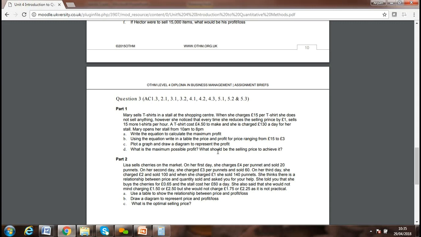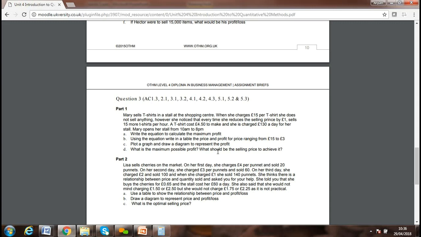Okay, so 130 a day is the fixed cost. So you need to look at the time, how many hours she is working. She opened the stall at 10 a.m. and closed it at 8 p.m. She's working for 10 hours per day.